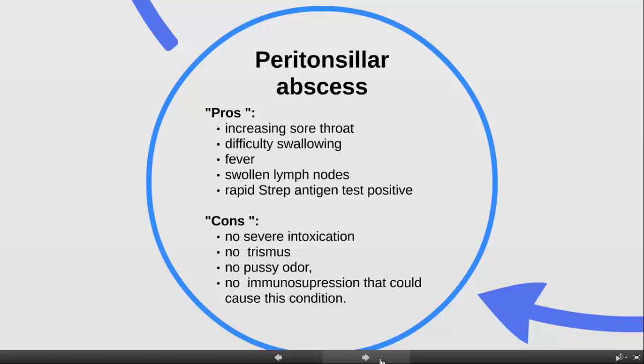Only 1 day passed. So, no severe intoxication is present, no trismus, which is typical, no specific purulent, fruity odor from his throat, no immunosuppression that could be a basic cause for this condition. So I will not think about peritonsillar abscess.